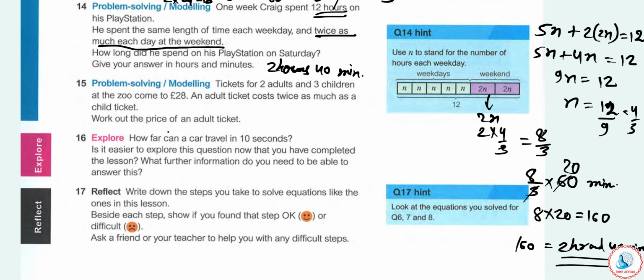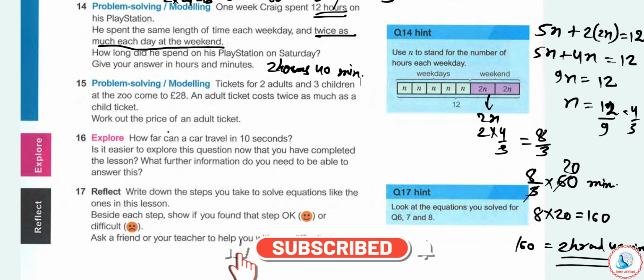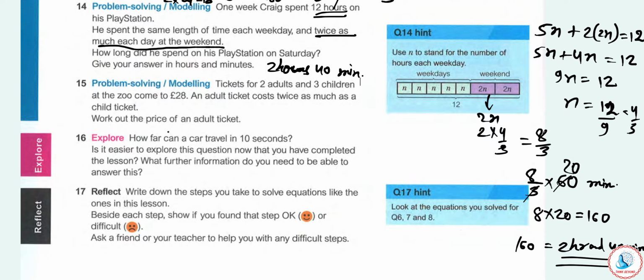For this question, let C be the price of a child ticket and A be the price of an adult ticket. The total cost for 2 adults and 3 children is €28, which is already given in the question. And an adult ticket costs twice as much as a child, so A is equal to 2C.